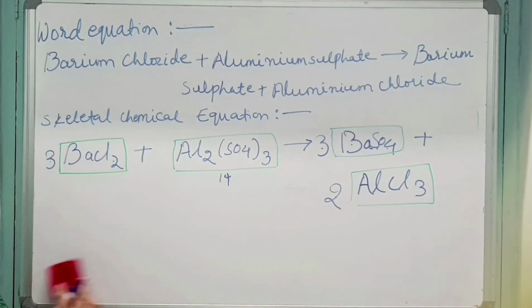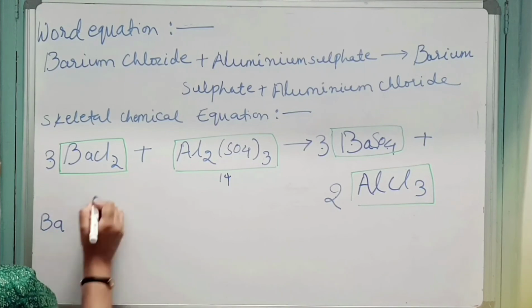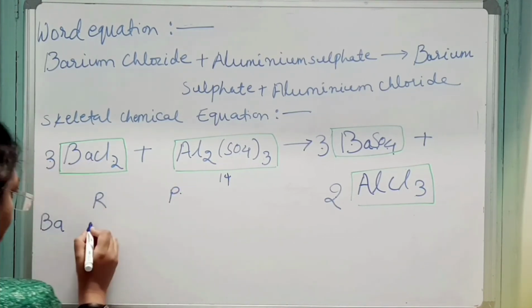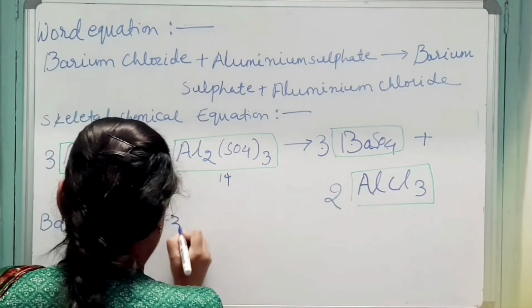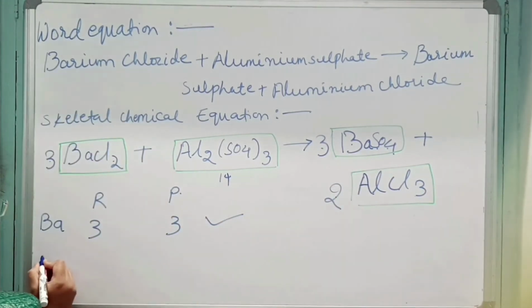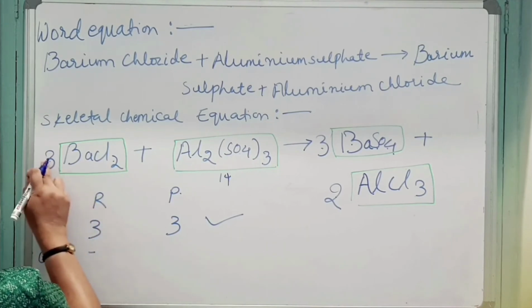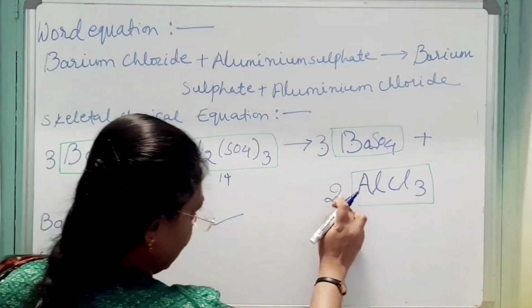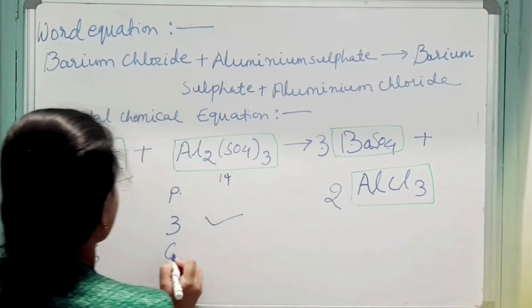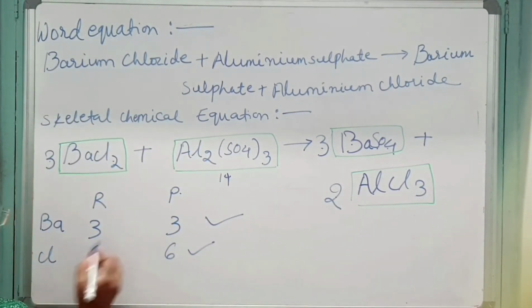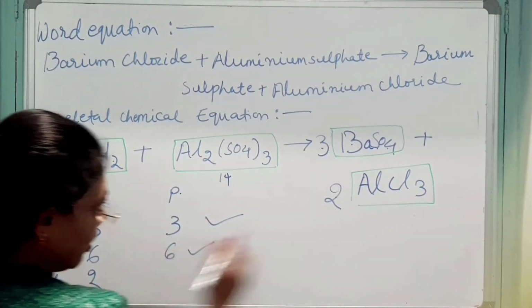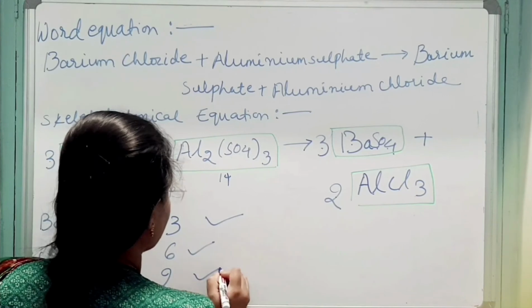Let's check it once again. Ba on the reactant side and the product side is 3 here, 3 here. Then Cl is 3 into 2, 6 here, and here 2 into 3, 6, balanced. Then Al is 2 here, 2 here, balanced.